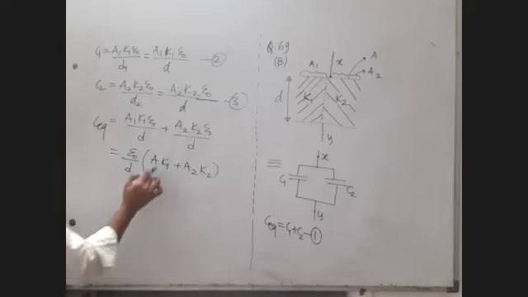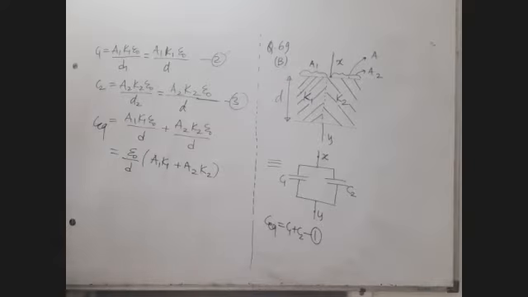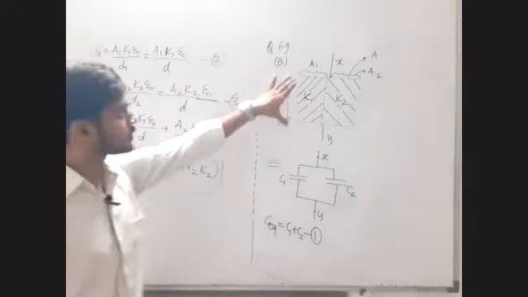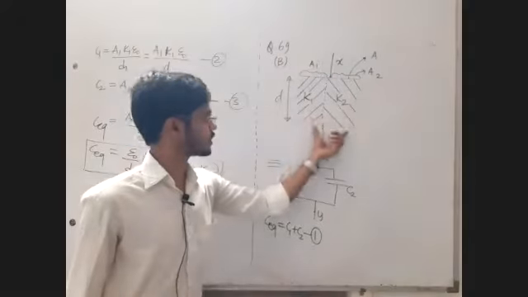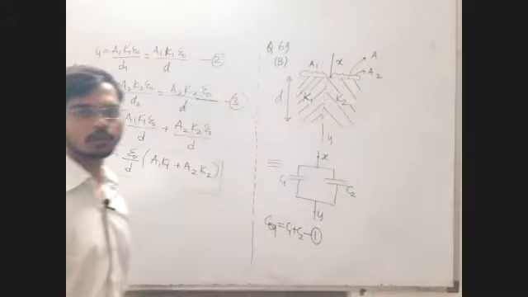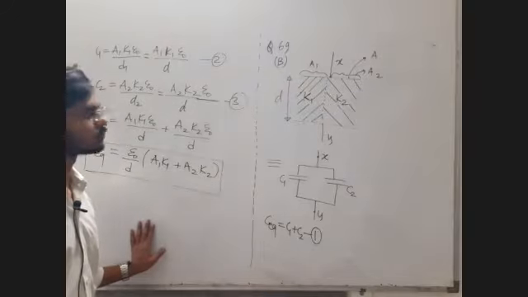A1 K1 plus A2 K2. That's it. Here also the answer is over. That is my C equivalent, where plate separation is the same, but the capacitors are in parallel and the areas are different, A1 and A2. Reply in the chat box, clear and written, CW.